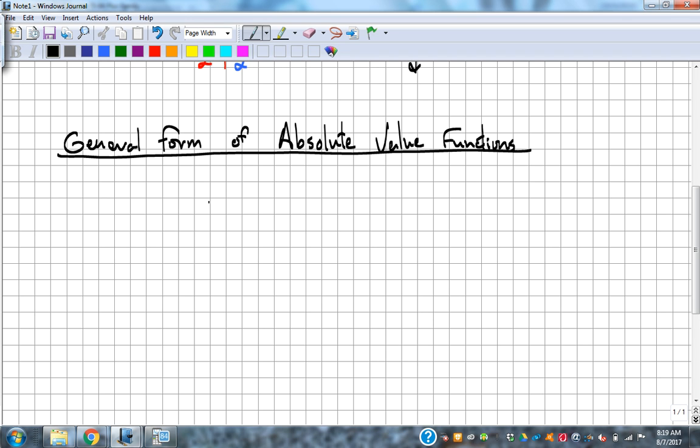Okay, so you'll need to know this. And after you've used it a few times, it's not hard to know. It's pretty easy. The letter a, then the absolute value mark, x minus h, close up the absolute value marks, plus k. That is the general form for an absolute value function.